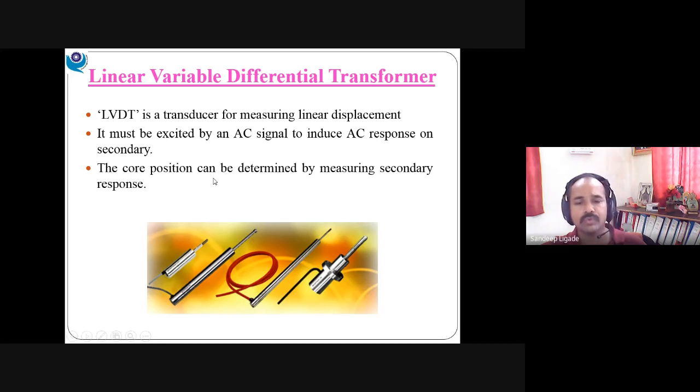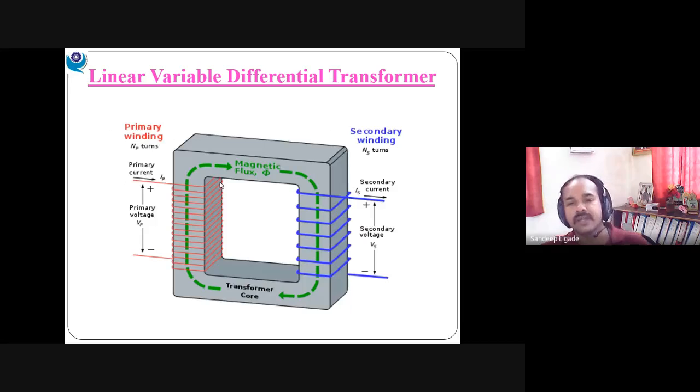Where exactly the core is, left hand side, right hand side, up or down, based on the construction. Based on the core position, there is a generation of secondary voltage, and based on that, we can easily predict where exactly the core position is. Right now, look here. There is a transformer, which has a primary winding wound on the core.